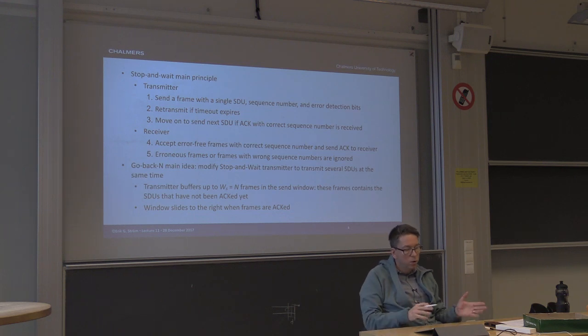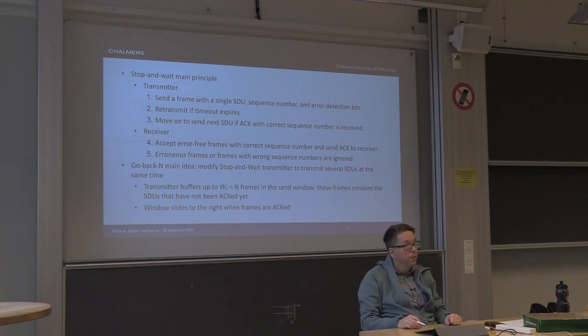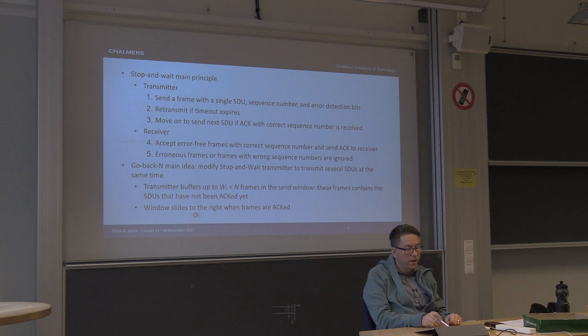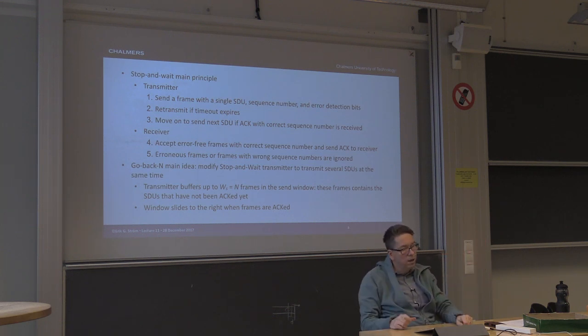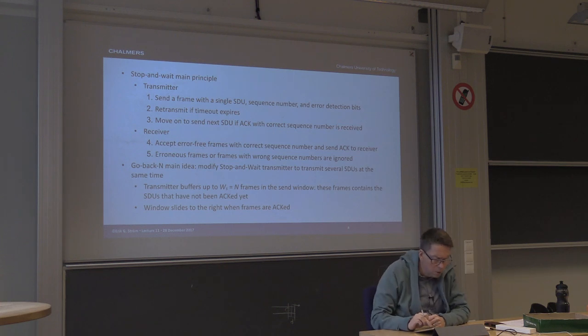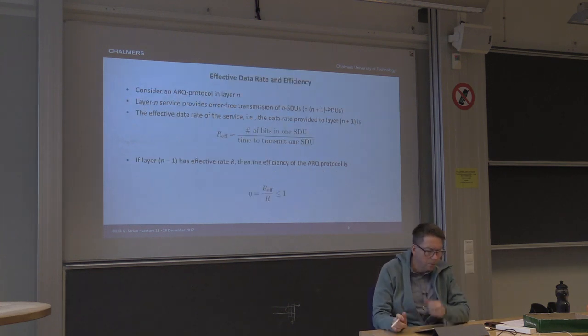And once we get acknowledgements, we can free up that space in the buffer and then accept new service data units from above. That's called to slide the window, because that's the visual thing that happens. Okay, we will see an example of this later on.